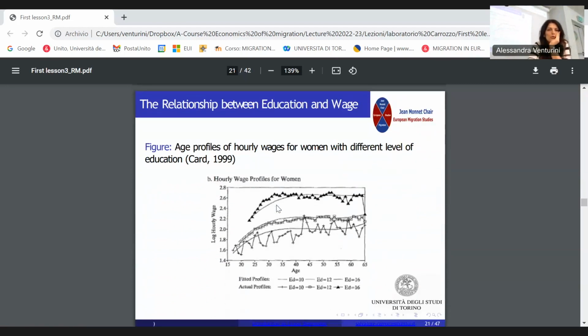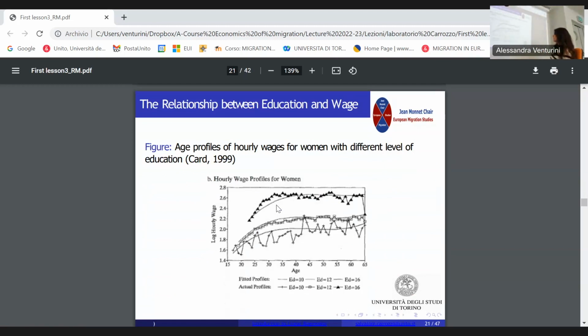This figure shows the relationship between age and wage. In general, age is a good proxy for experience, and this figure shows us that for higher age, the wage increases.